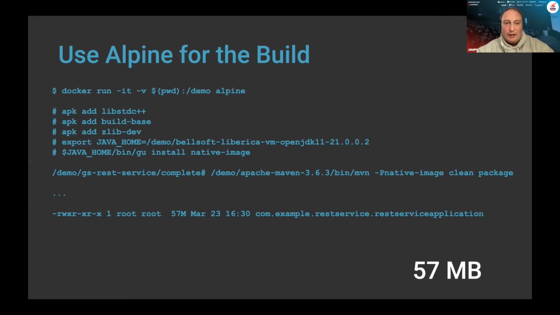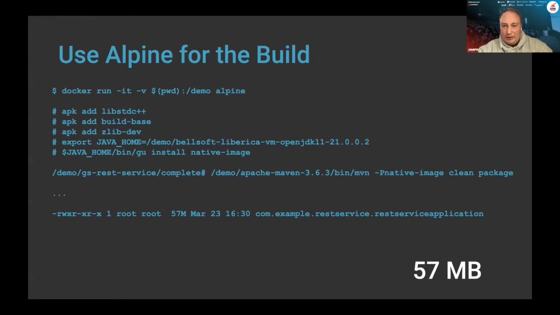We have dependencies required to run the native image kit tooling. So we take either NIK core, or we take regular NIK for Alpine and install native image. And then we finally invoke Maven in that container.